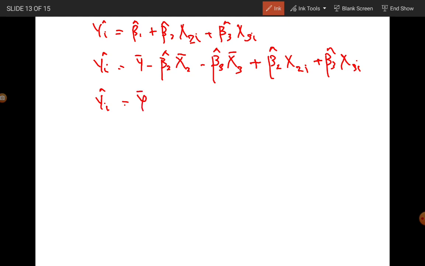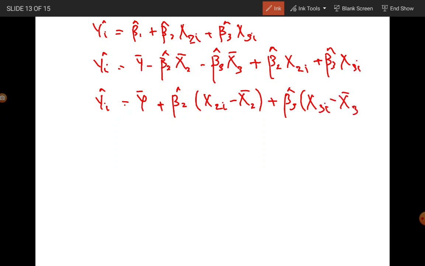So now I can write this as y bar plus, taking beta 2 hat common, x2i minus x2 bar, that means the deviation of each x2 value from the mean. When I take beta 3 hat common, in the bracket I will have x3i minus x3 bar.